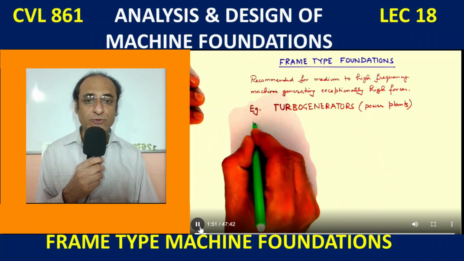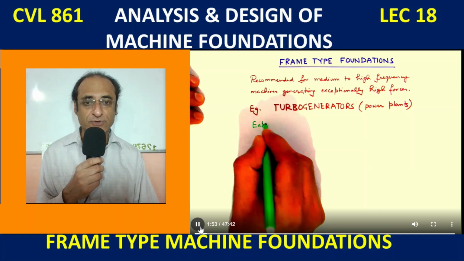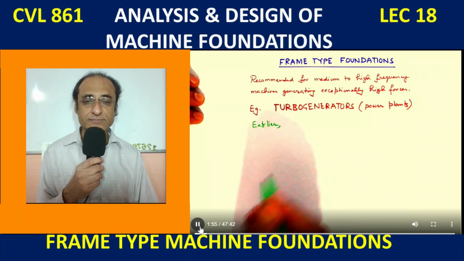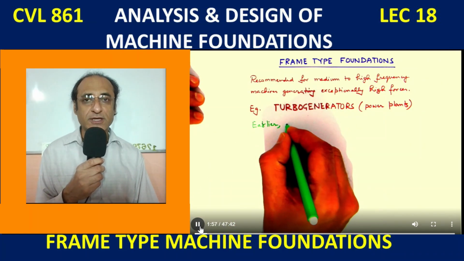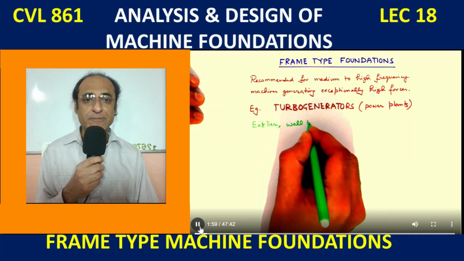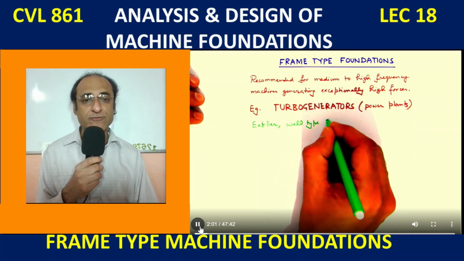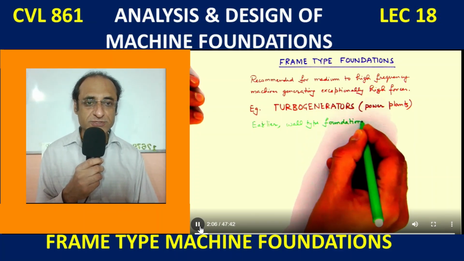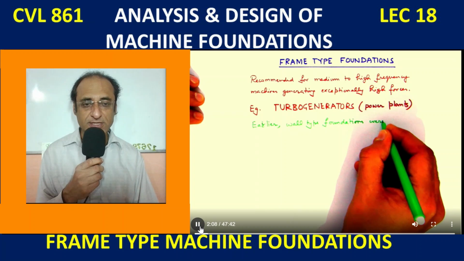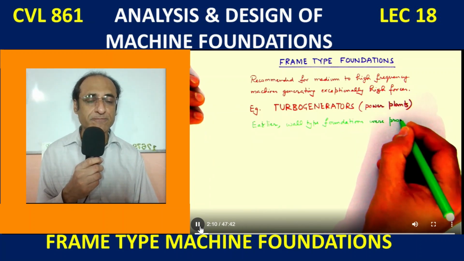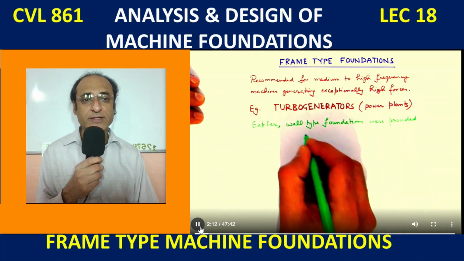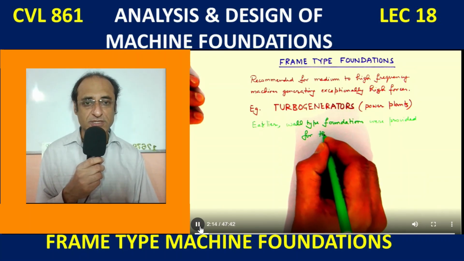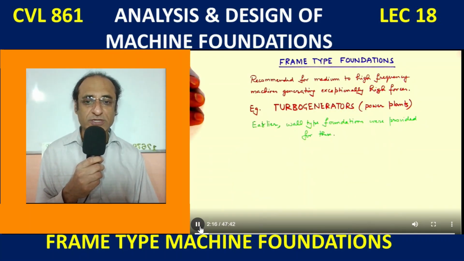But why do we provide frame type foundations for these machines? Earlier the type of foundation which was provided was wall type foundations, and now the modern approach is to provide frame type foundations. Frame type foundations provide a number of advantages. So we'll just see what the advantages of frame type foundations are over any other system.